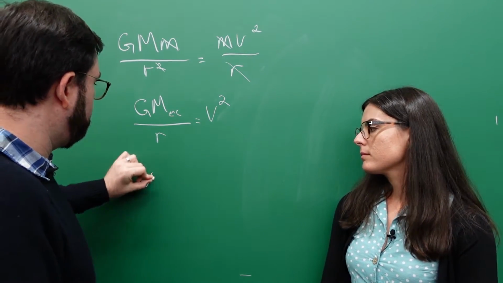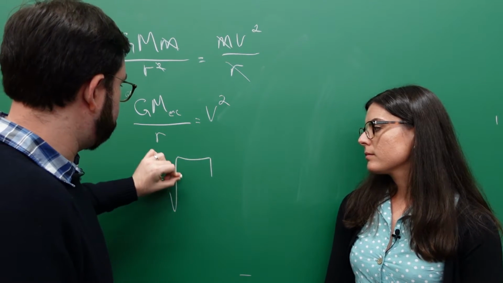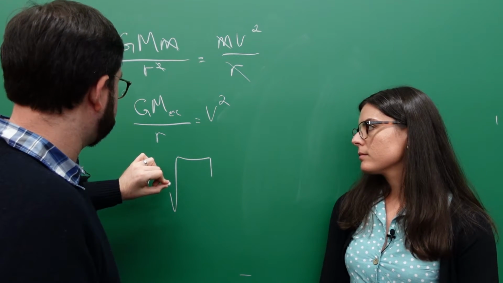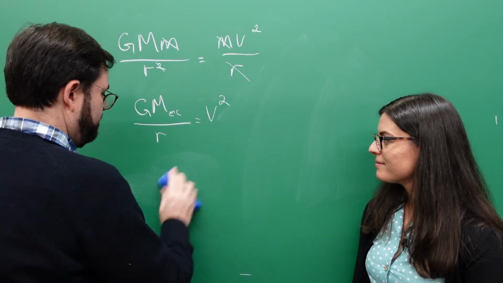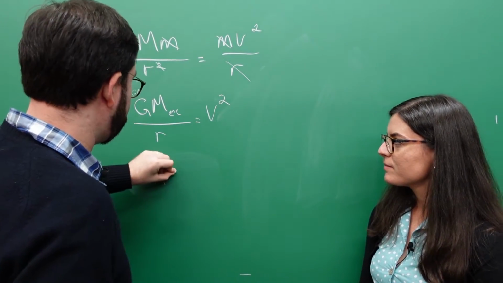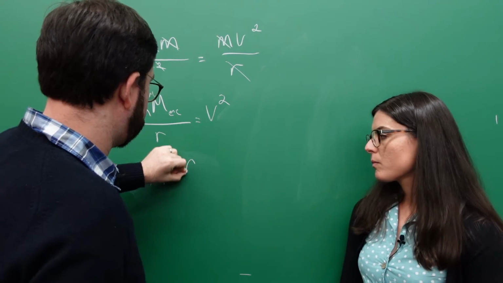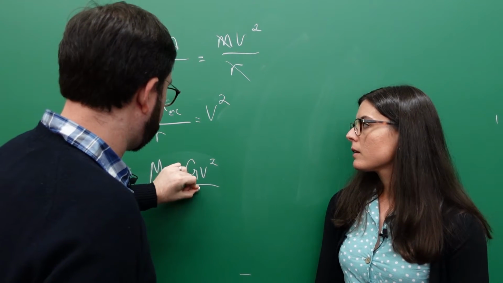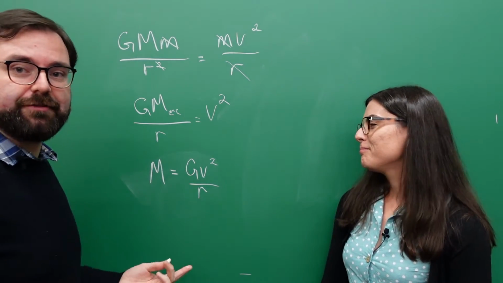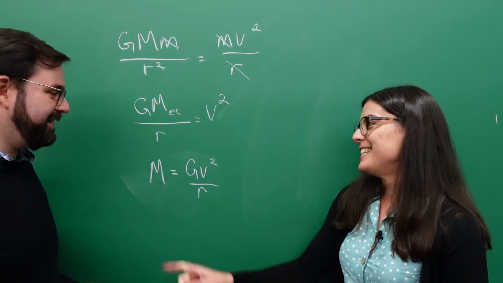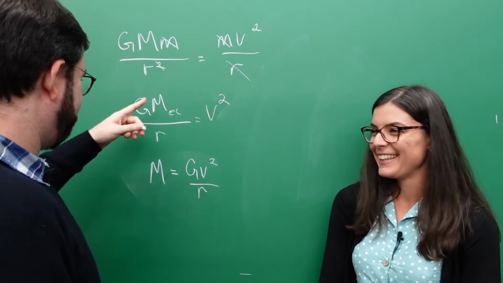So rearranging, that's not the math we care about. We're trying to measure the mass enclosed. M is equal to G times v squared over r. And we can do a little dimensional analysis to verify that's correct. Which it is not. You've rearranged this completely wrong.